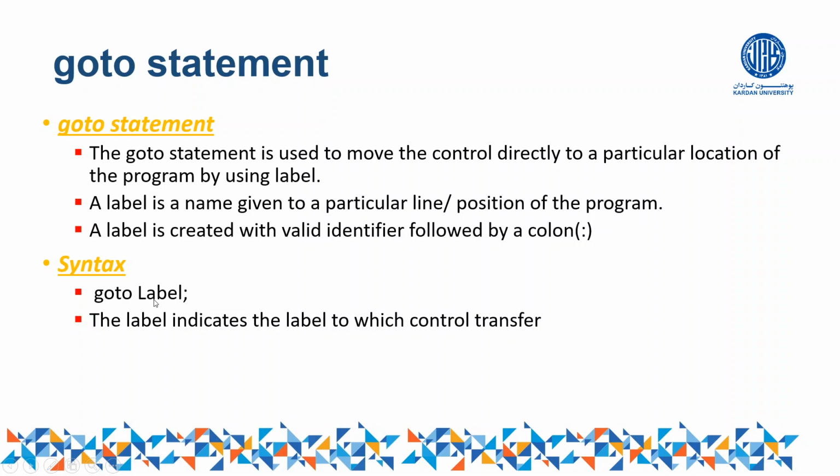Now this label can be anything, any name, but again you need to recall the rules of identifier for creating a label. The label indicates the position to which the control is transferred.